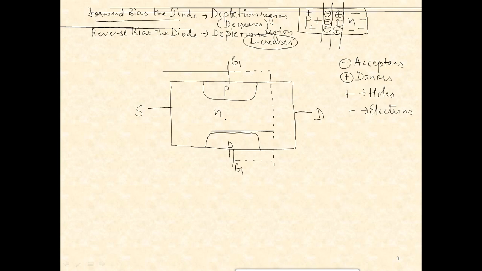Okay, fine. What about the N channel then? Before that, let us just try to understand this. Now there is a junction between P and N, right? So obviously there should be a depletion region present, which consists of acceptors as well as donors. In your textbook diagram you can see that such a depletion region is given. Please understand, this depletion region includes acceptors as well as donors.